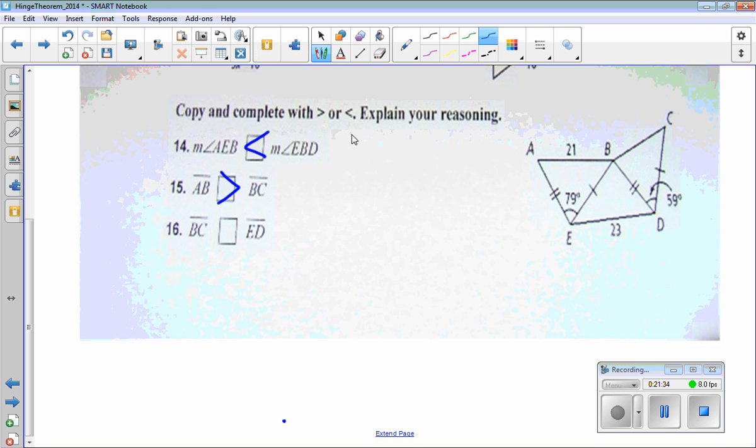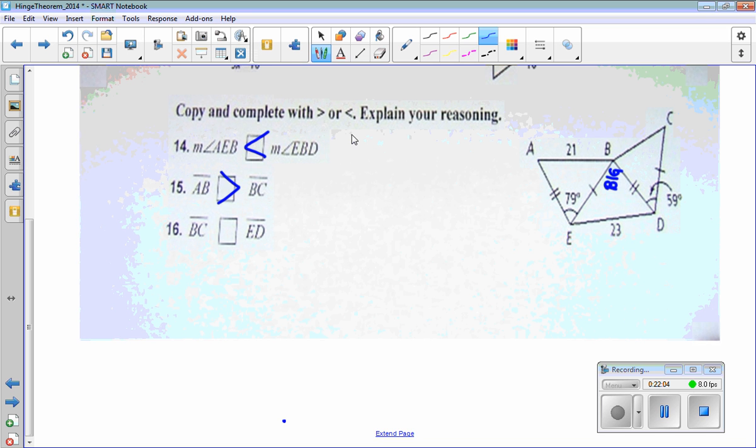I hear lots of discussion here. This is like a two-step problem. Because you have to think about EBD being bigger than this guy, don't you? So I know this one's big. I'm going to write big. We don't know its degree measure. We just know it's bigger. But if I know that, well, let's see here. I know that, let's do a transitive property. Maybe that'll work. Okay?